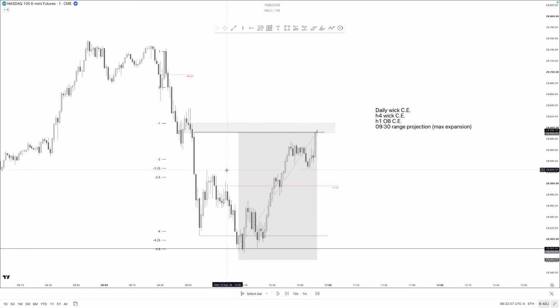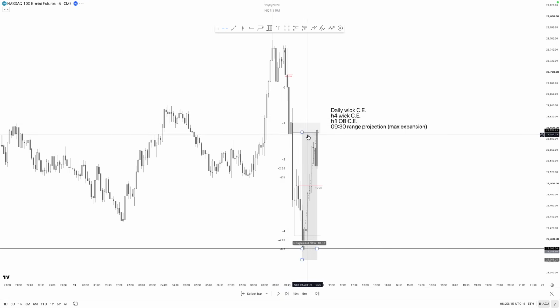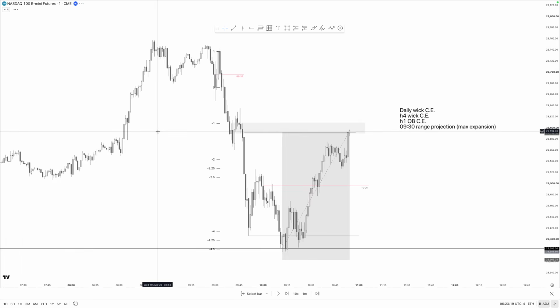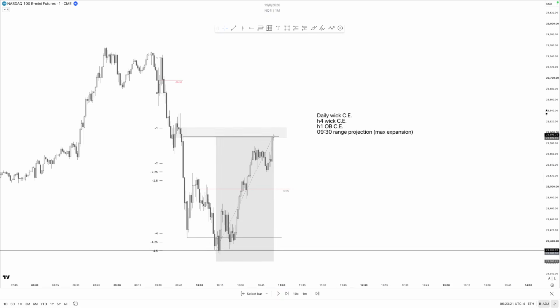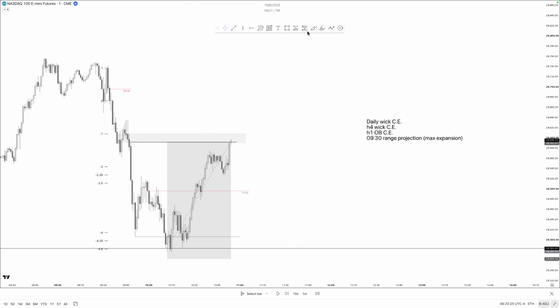So initially, you could have taken 10 a.m. reclaimed, or any of these swings above, but I wanted something a bit more ambitious. I think we could have gone higher, which we did, and we still even traded higher beyond this. I took my level at this 3-minute high right here, and also this aligned 5-minute order block right there. So I do think we were going to push higher on the day, which we eventually did, but the point being, I think this is where we could have seen a new phase of price, right?